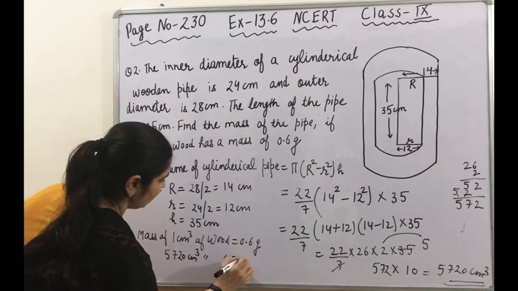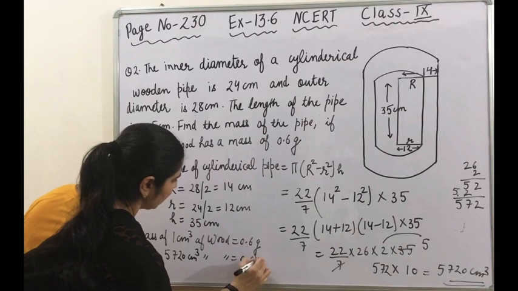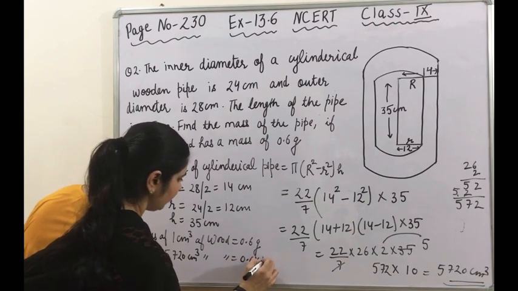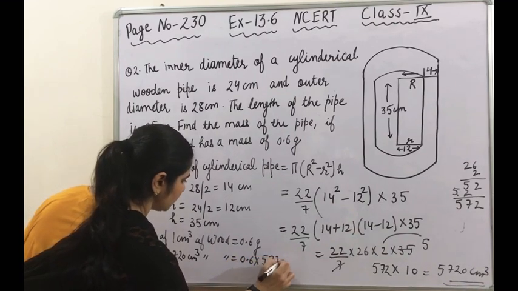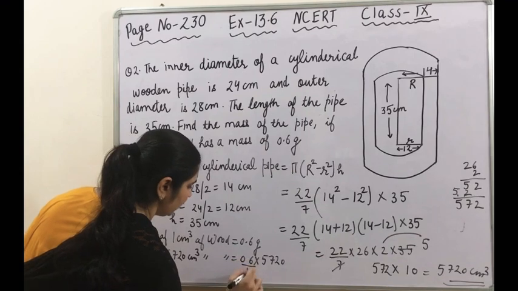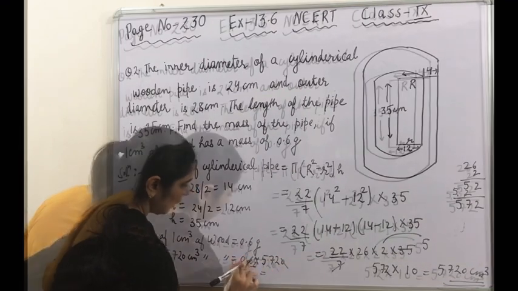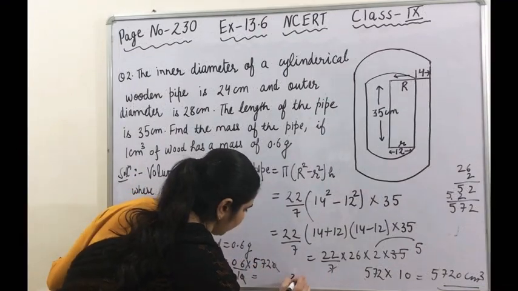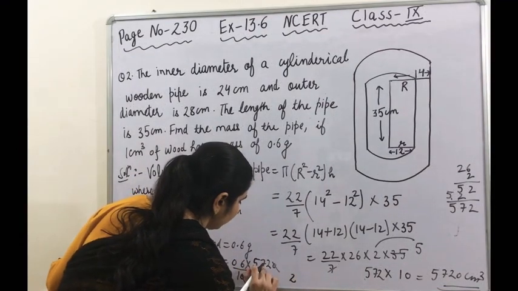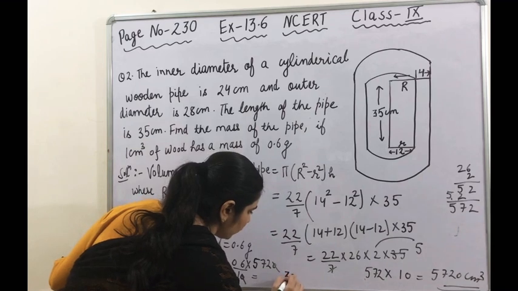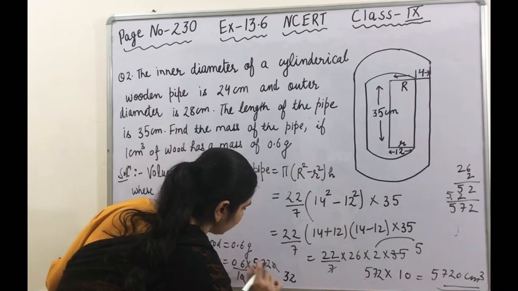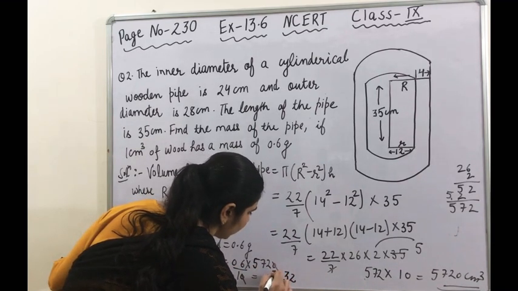So mass we will find out, will multiply 0.6 by 5720. When we omit this point, 10 will come to the denominator. We'll do the multiplication. 6 2s are 12, 6 7s are 42 and 1 is 43, 6 5s are 30 and 4 is 34.